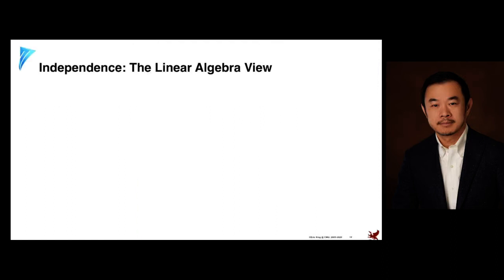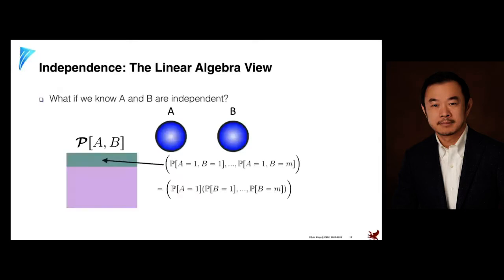But let's imagine a graph where A and B are independent of each other. If A and B are independent, then you can rewrite the joint into a product, basically P of AB equals P of A times P of B.